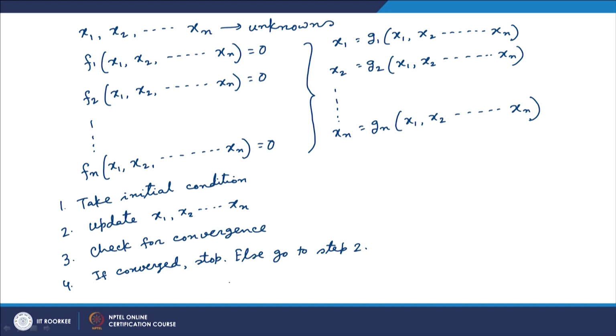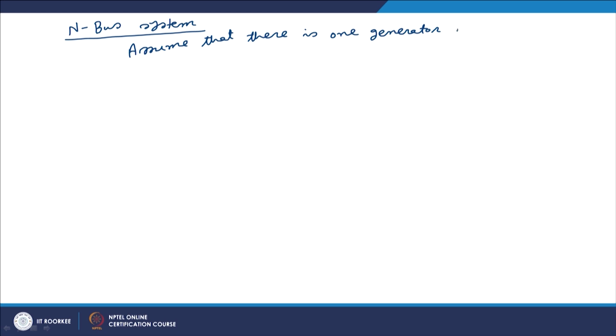So, we would now apply this in our problem. We now consider an n bus system, and to start with we assume that there is only one generator and the rest are load buses.